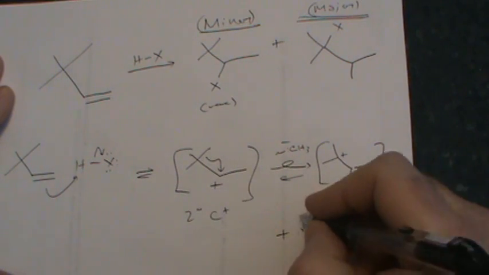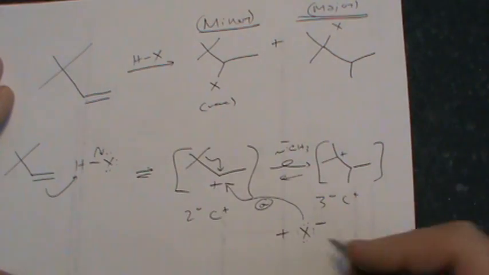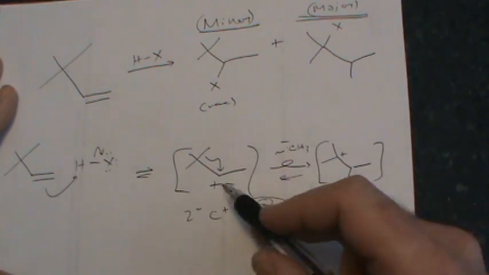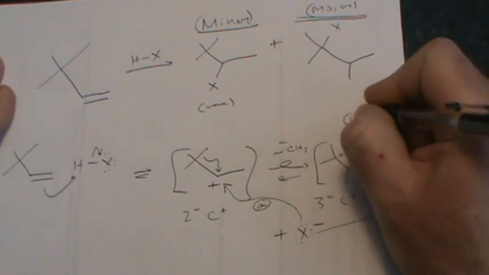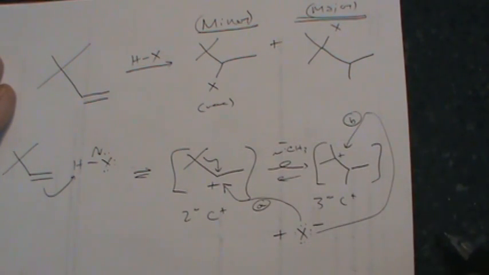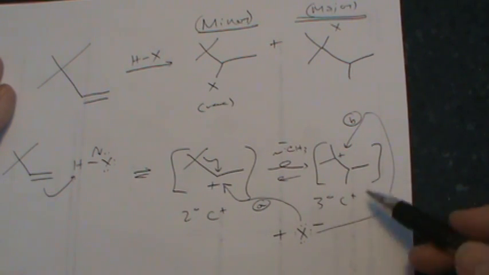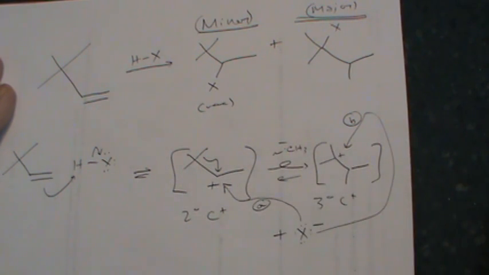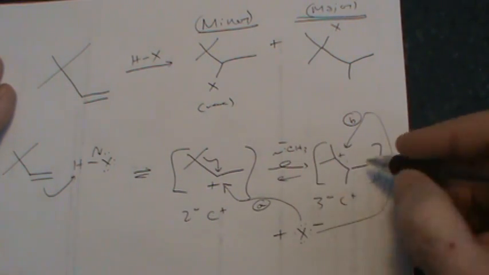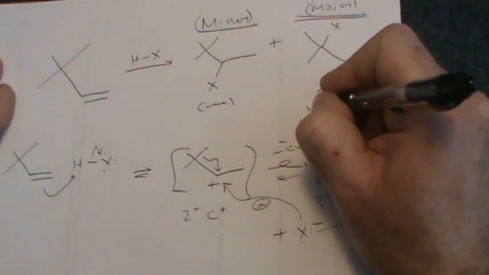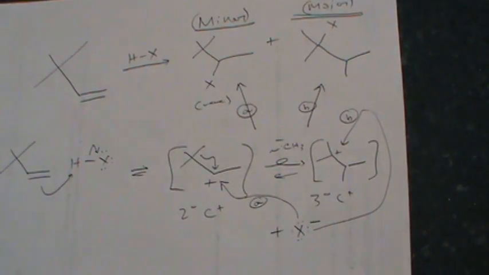It is conceivable that the halide anion would trap the secondary carbocation through path A, but this Wagner-Meerwein rearrangement is going to be quite rapid, and that's not going to be competitive with path B. Or in other words, the Wagner-Meerwein rearrangement is faster, generally speaking, than nucleophilic addition to the carbocation, and that's why path B leads to the major product, whereas path A leads to the minor product.